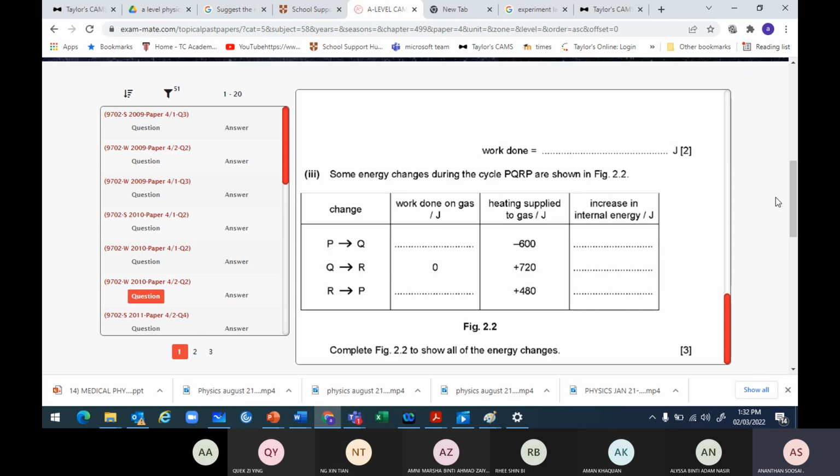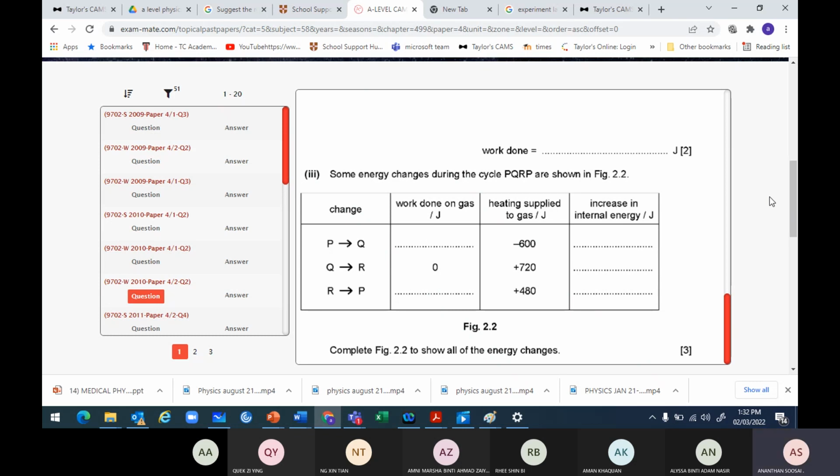Use the first law of thermodynamics. Work is P times change in volume. And go one round, the total change in internal energy should be 0. Use that concept. Get the numbers. Five minutes for you. Okay, roughly take down the numbers first.